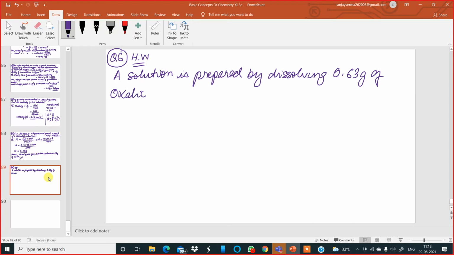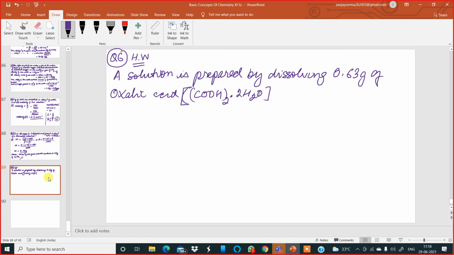I am giving the formula also. Oxalic acid is like this: (COOH)2·2H2O. This is the formula of oxalic acid, the crystals of oxalic acid.